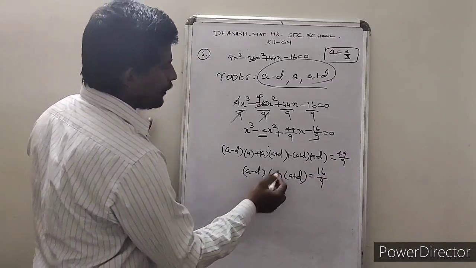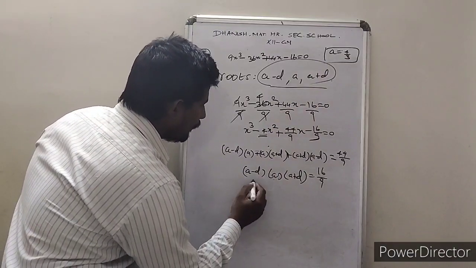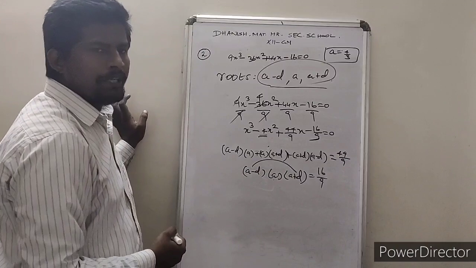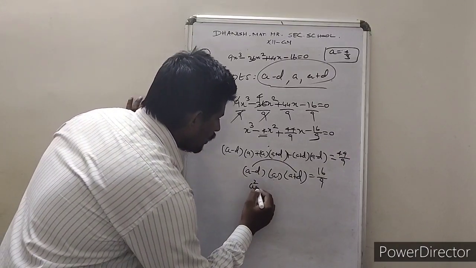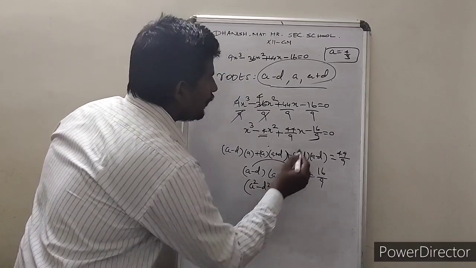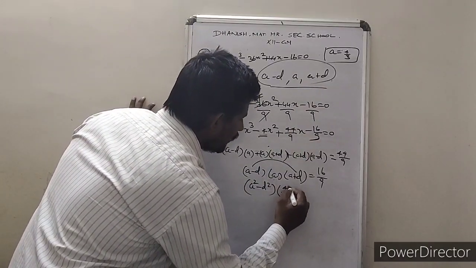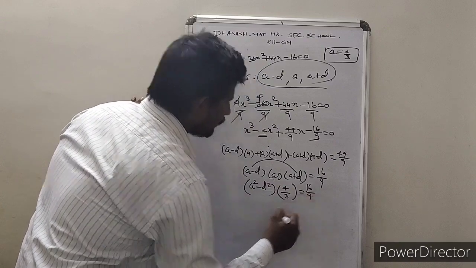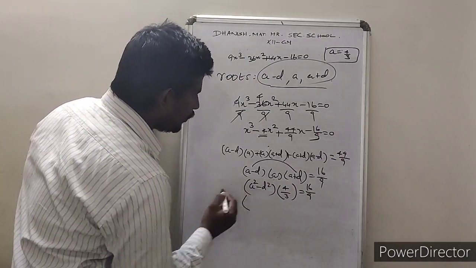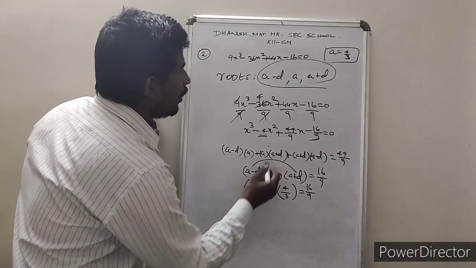Here I am going to substitute a as 4 by 3. Before that, look at these two terms. This is in the form of a plus d into a minus d. So it will become a square minus d square into a. Instead of a, I am going to put 4 by 3, equal to 16 by 9. Here also I am going to put the same thing, a square.